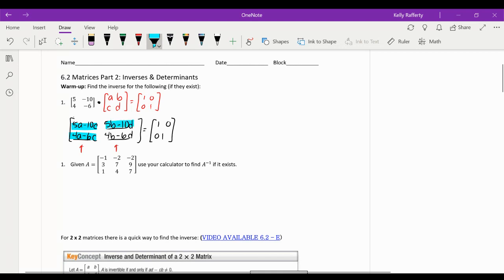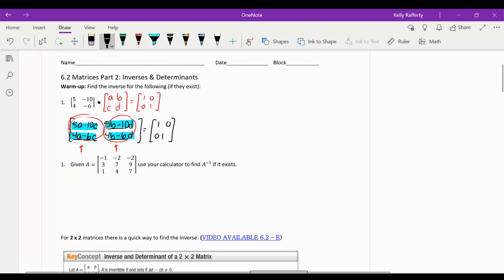Same coefficients over here: 5b minus 10d, 4b minus 6d. So we've got two little systems with the same coefficients equal to this. So since that's true, we can actually set up one big doubly augmented matrix.